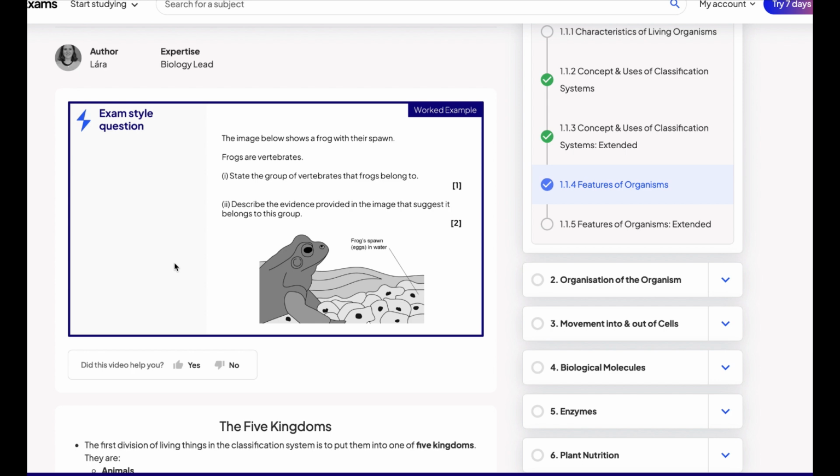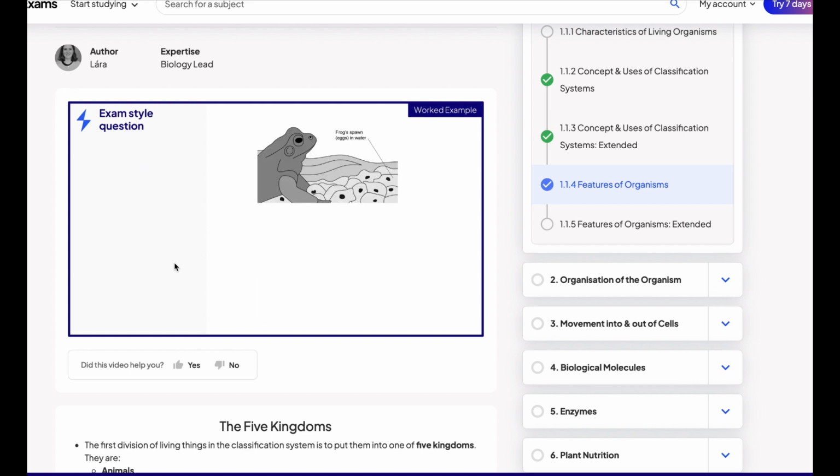Here we can see an image of a frog and their eggs. You are told that frogs are vertebrates. Using evidence from the question, you must classify the frogs into the correct group of vertebrates to which they belong. And then you need to describe the evidence that led you to this group. Make sure you use all the information provided, both from the text and the image.